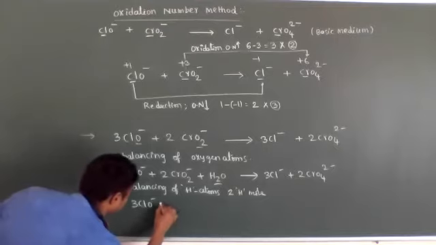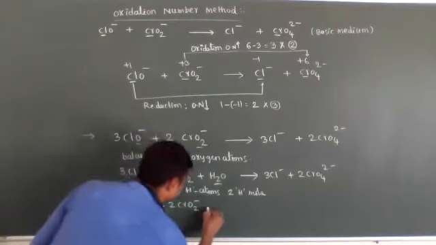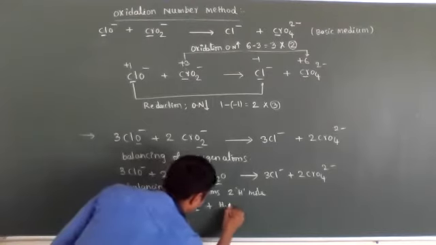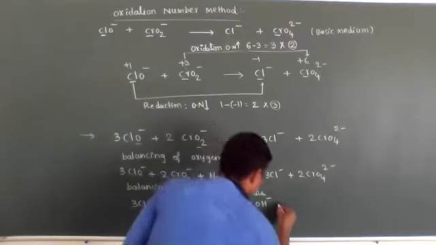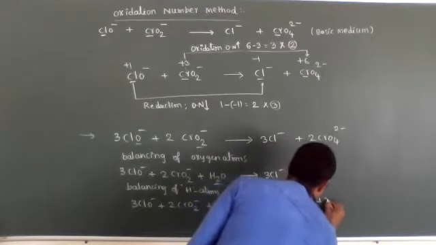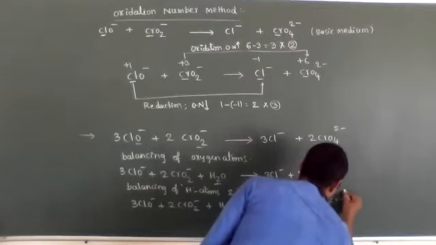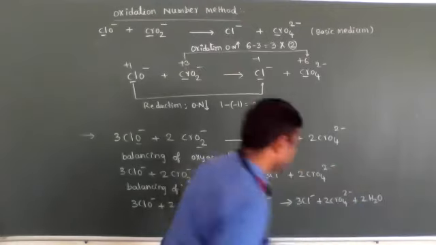3ClO minus plus 2CrO2 minus plus H2O plus 2OH minus converting to 3Cl minus plus 2CrO4 2 minus plus 2H2O. Why did we add 2H2O?